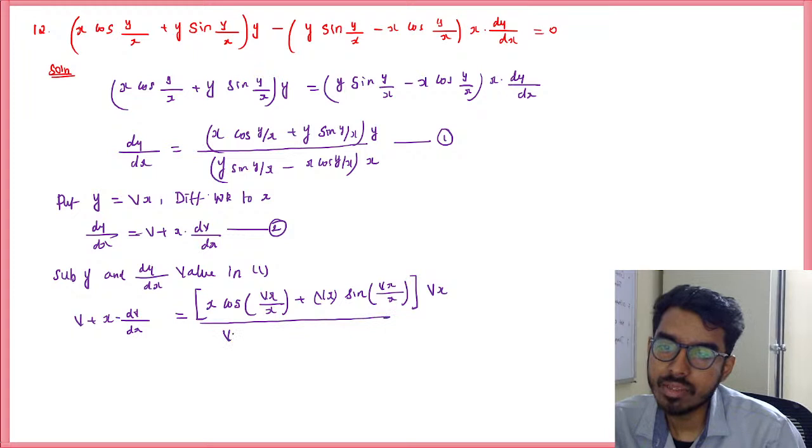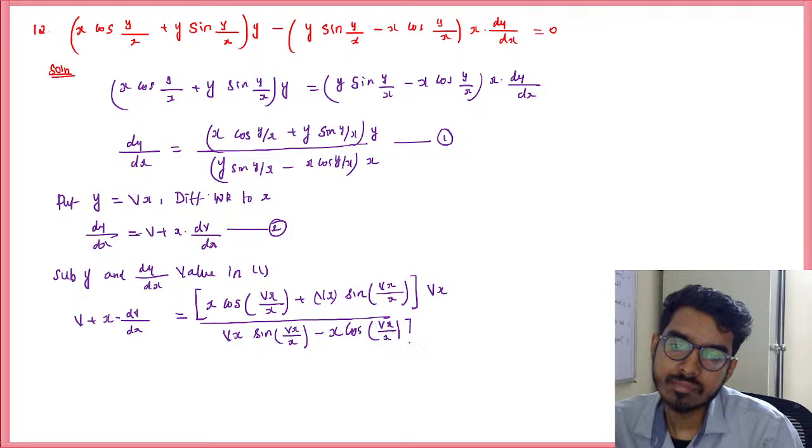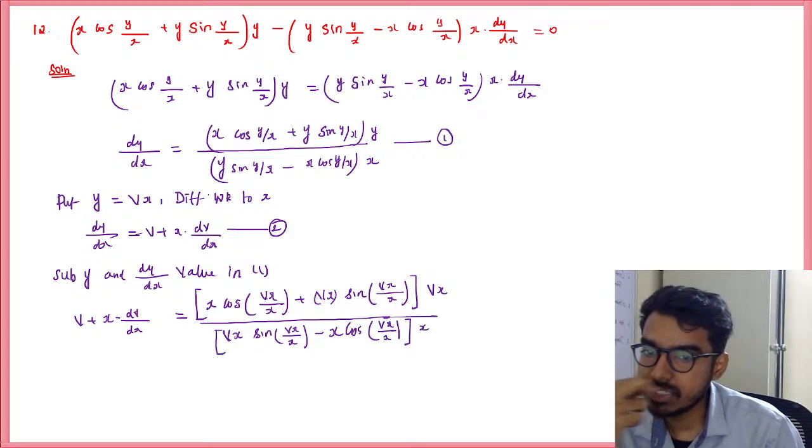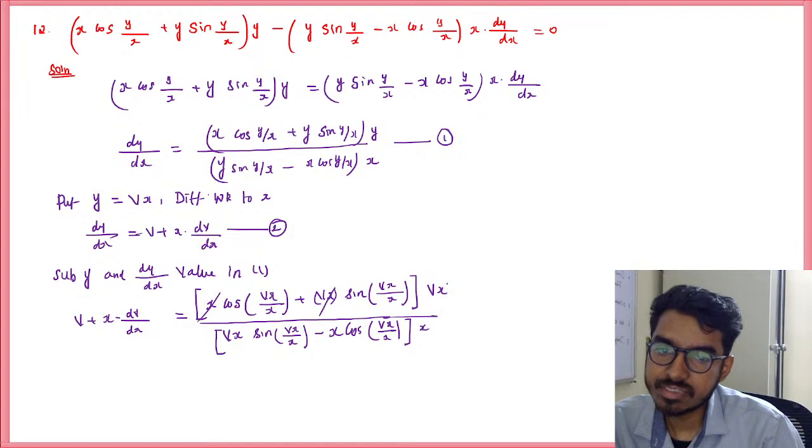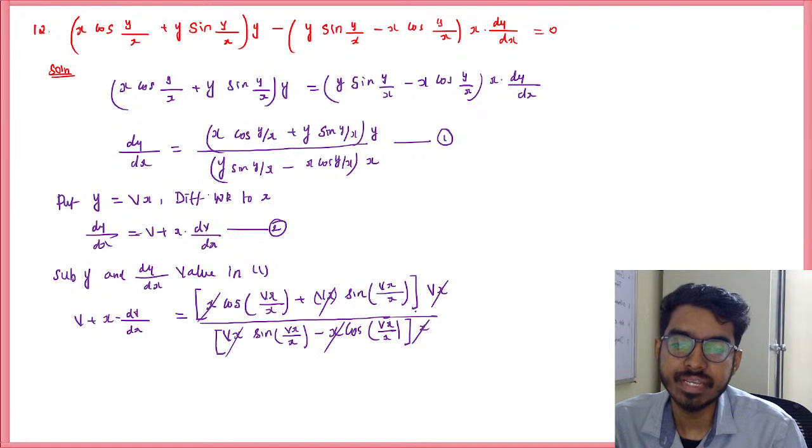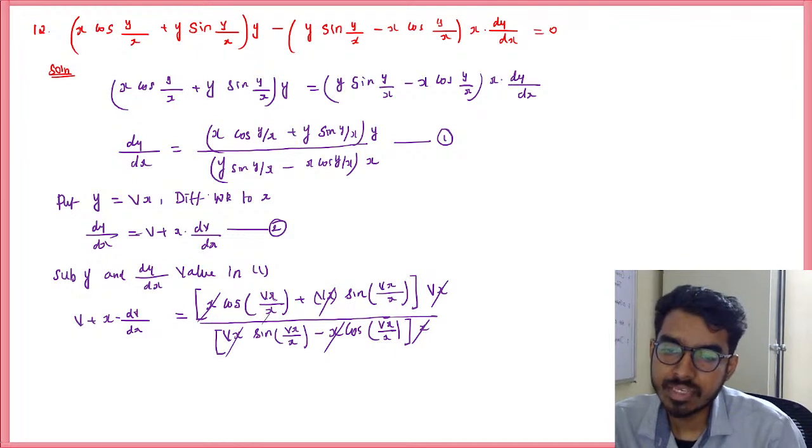Wherever you have y, just replace by vx, sin vx by x minus x into cos vx by x into x, right? So I can see this x, if I take common outside, this x will get cancelled, this x will get cancelled, and these x will get cancelled.